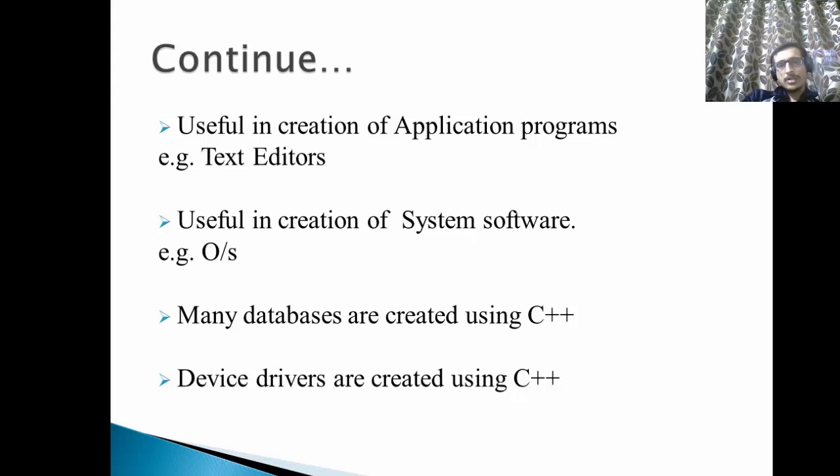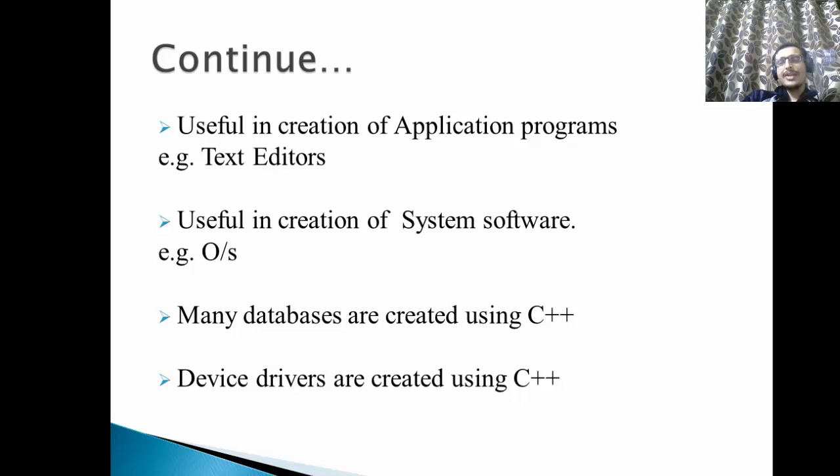Translators are also written in C++. Compilers, for example the G++ compiler that we will be using, are also written in C++. So C++ is basically a general purpose, middle level, and compiler based programming language. It can be said that it is general purpose or multi-purpose.